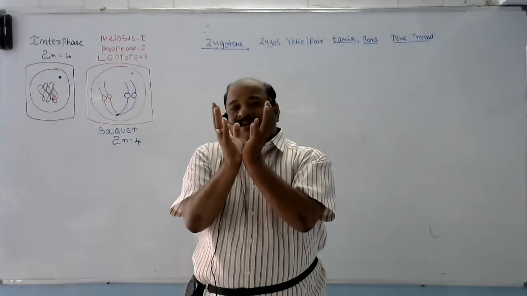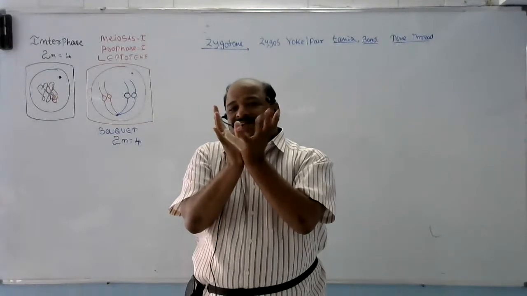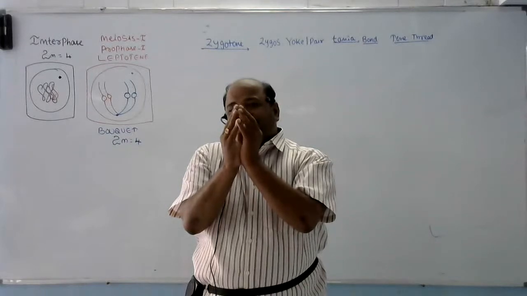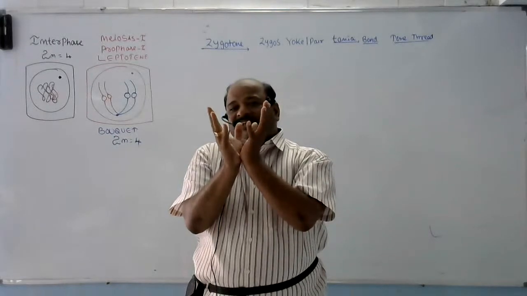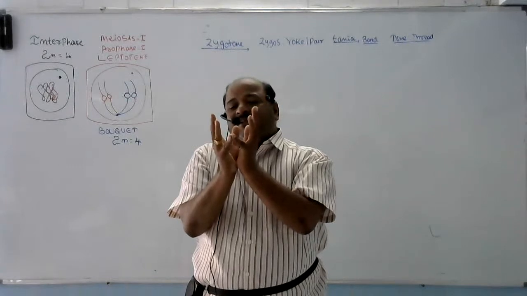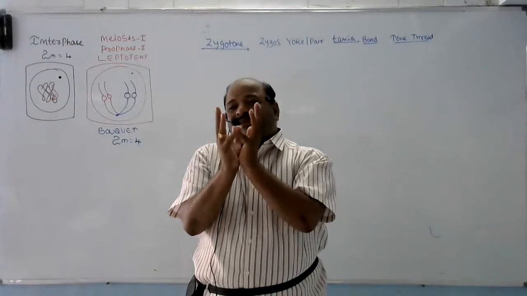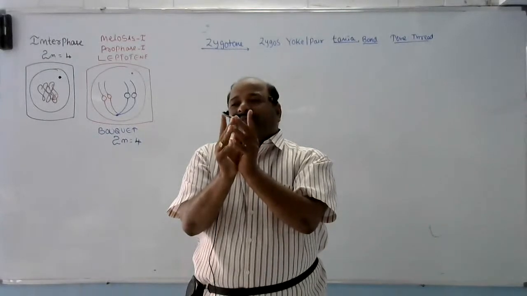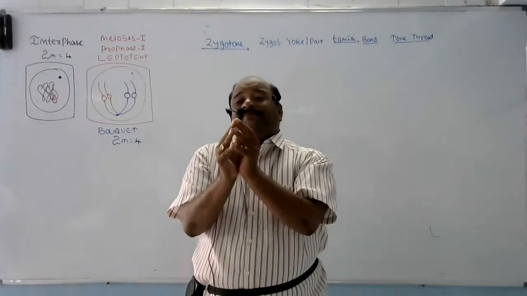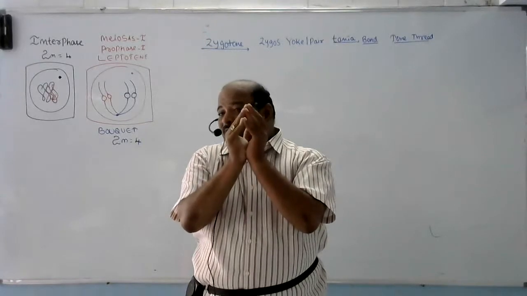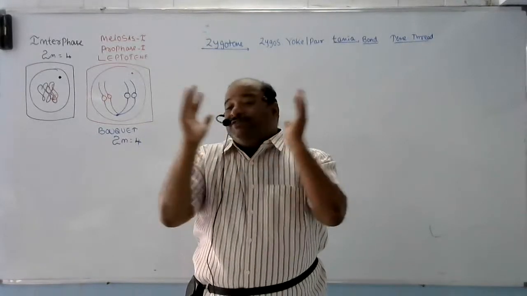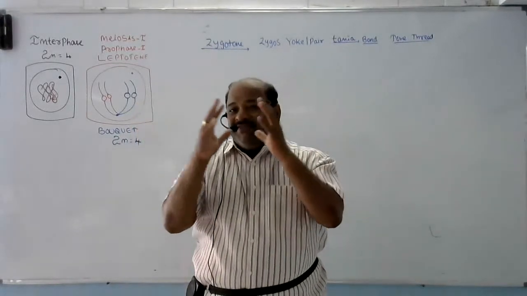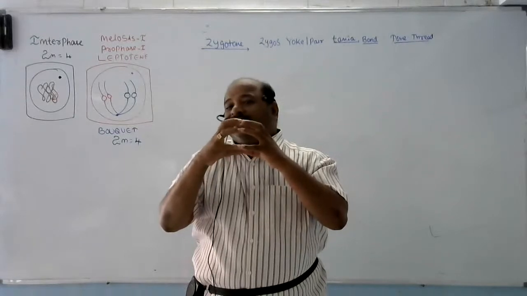Like right fingers and left fingers, in between them attraction forces take place, and one right finger and one left finger fuse. It means they will become a pair. So how many pairs are there now? 5 pairs. Individually, how many chromosomes are there? Here 5, here 5.